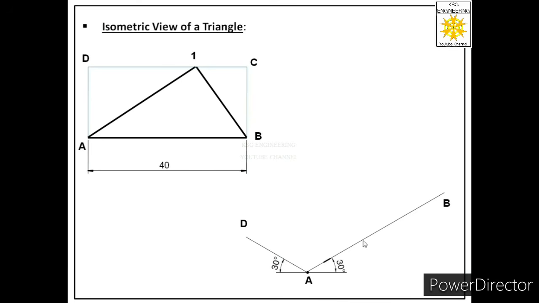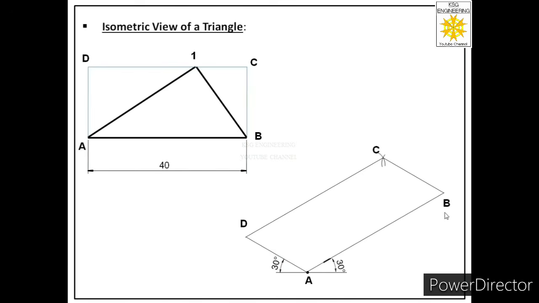We will open the compass to this length, which is 40 millimeters, place the compass at point D and sketch an arc. Then we will measure AD with the compass, place the compass at B and draw another arc which will intersect the first arc. That point will be point C. And we'll connect these points to get the isometric view of the rectangle.